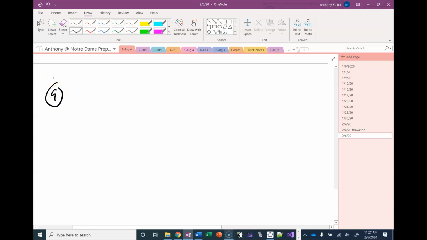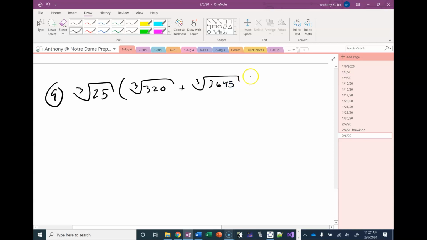So number 9 was the cube root of 25 times the cube root of 320 plus the cube root of 3645 minus the cube root of 625.